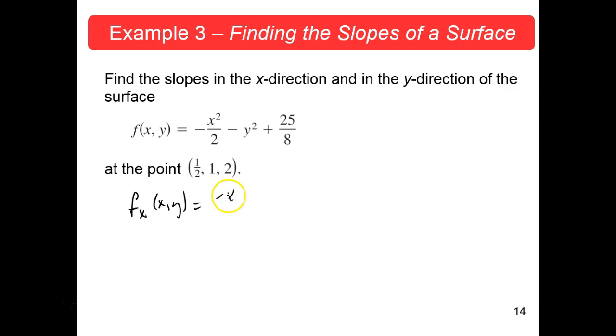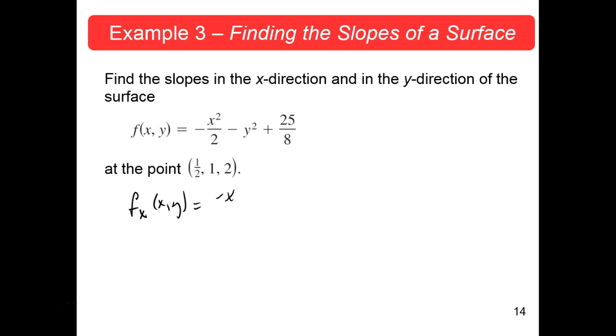Perfect. Is that all? Yeah, it is for that, because the partial of this, if you hold that constant, that's 0. Partial of that, with that constant, that's 0. Derivatives of constants are 0, and those you treat as constant. This is the only term with an x in it, so that's the only term that counts here, and that would be your minus x, because 2 wipes out the 1/2.